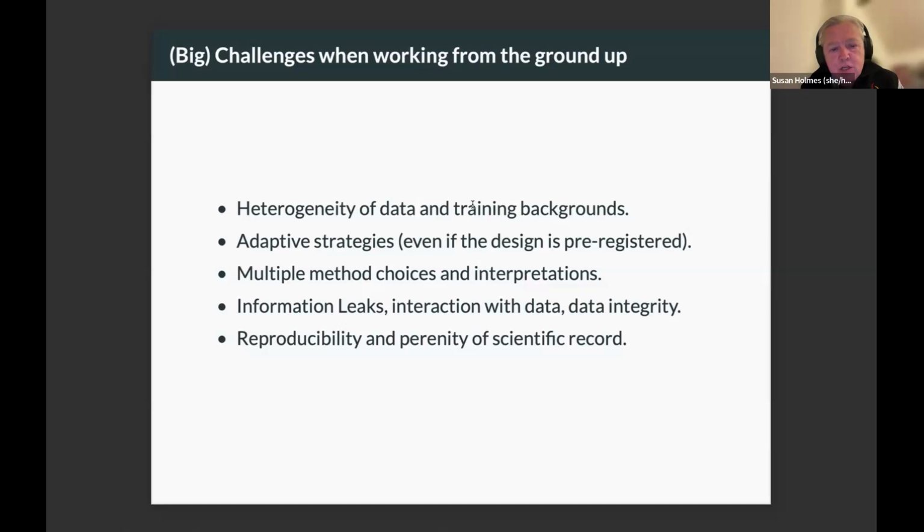And the strategies that we have when we're analyzing data, they have to be very flexible. So they're what we call adaptive. They adapt to the different data. And so we have lots of choices of methods and interpretation, and we interact with the data, and you don't want to lose any information.